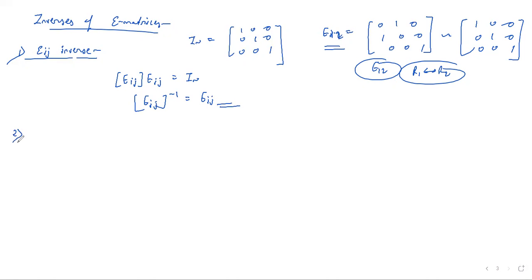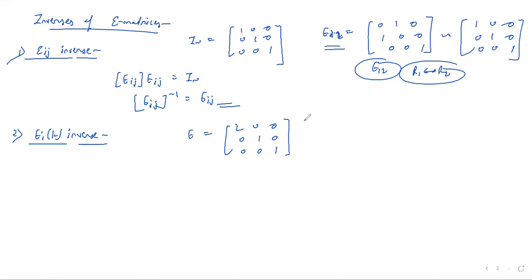Now look at another one. Let's look at the inverse of Eik. We got Eik from the identity matrix by multiplying a row by a scalar. This is my identity matrix, and if we multiply by 2, the elementary matrix will be 2 0 0 in the first row, as we are multiplying the scalar 2 in the first row, then 0 1 0 and 0 0 1.